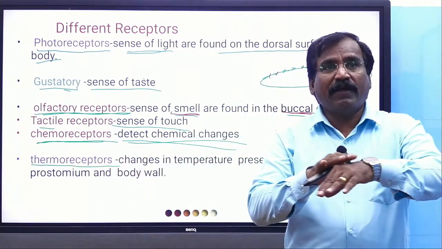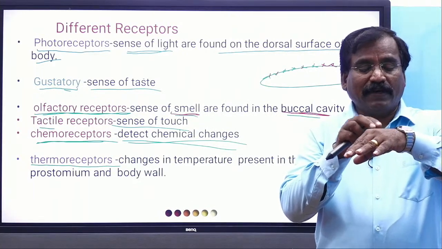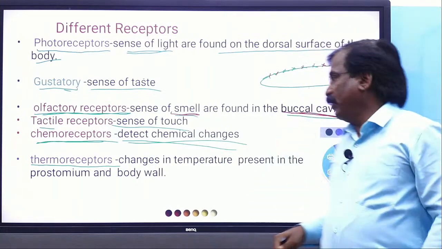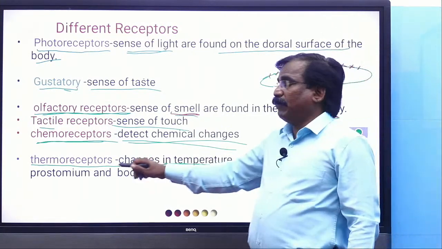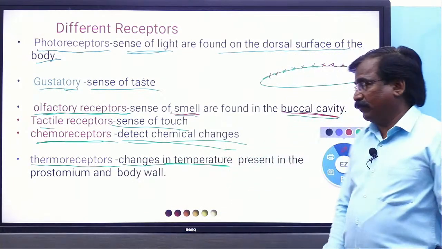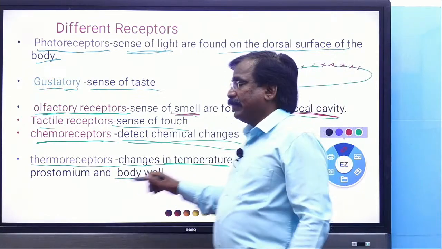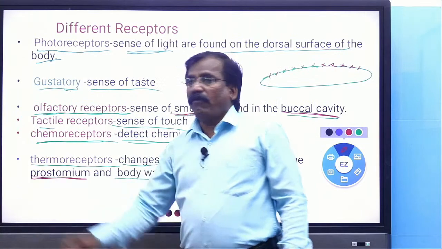Thermoreceptors. Our skin has thermoreceptors, able to detect hotness and coldness, the temperature changes. Where are they located? In the body wall, and also in the prostomium. What is the prostomium?